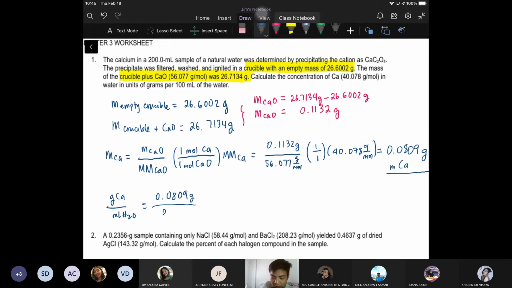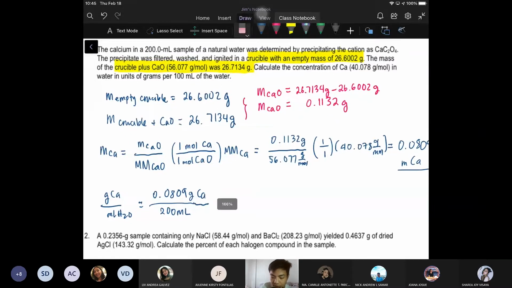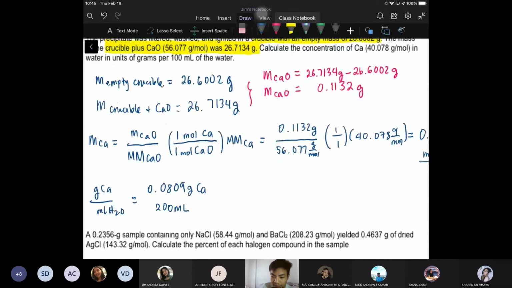You have 200 mL volume of your liquid. When you divide that, you will get grams calcium per mL. However, the problem says it wants grams calcium per 100 mL. So here's what you do: after you divide this, you multiply it by 100 mL. So let's do it together here.